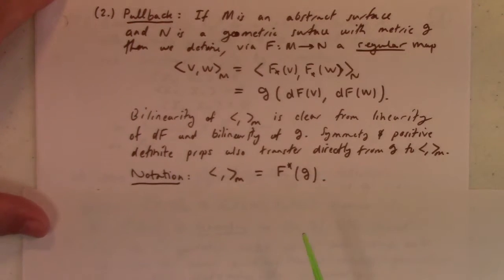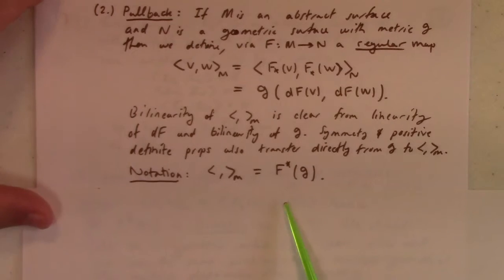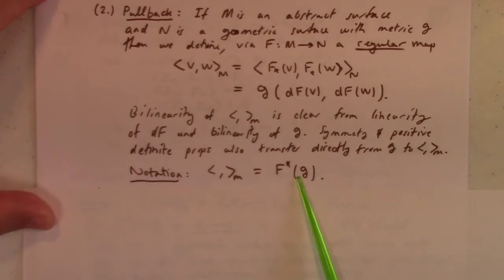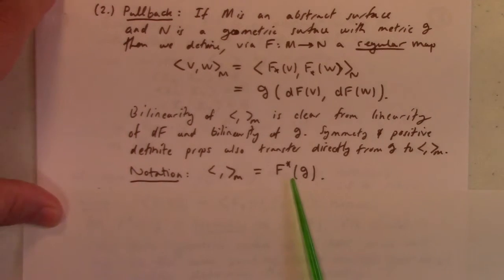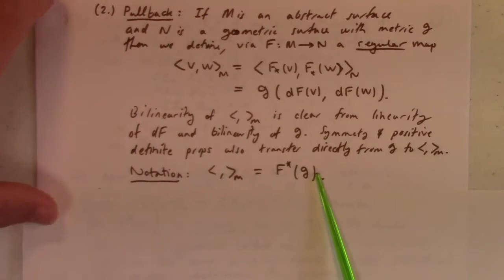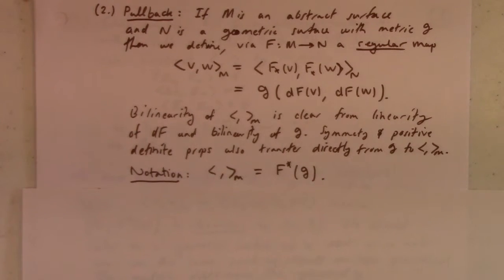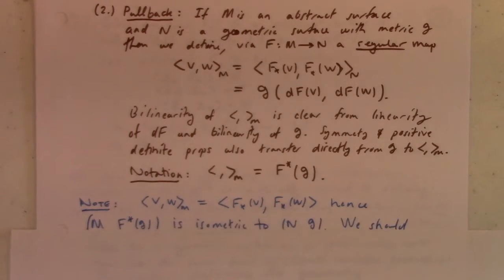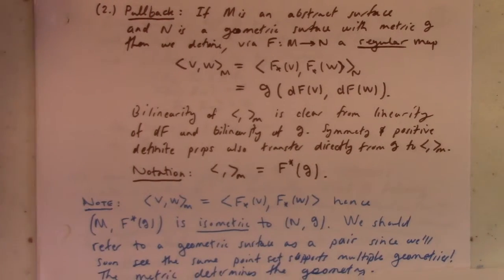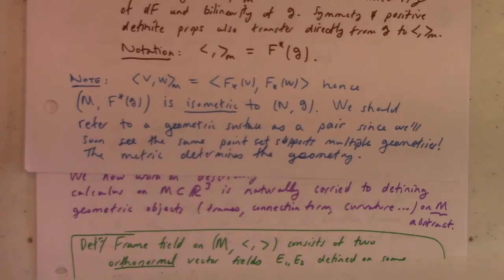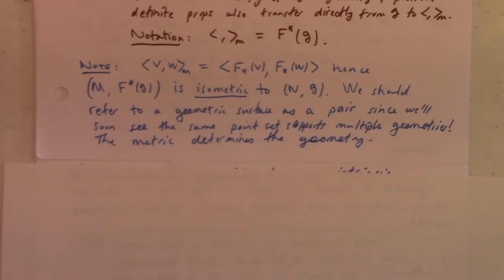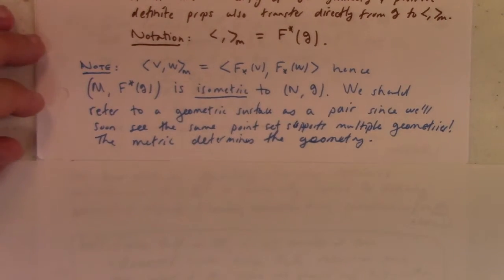So here's a notation you might use for that. The metric on M is f pullback g. Again, extending the pullback to the context of symmetric tensors, we can do that here. Of course, I would lose other properties about pullback that we have said before, like wedge products and stuff like that, because, well, I don't have wedge products.